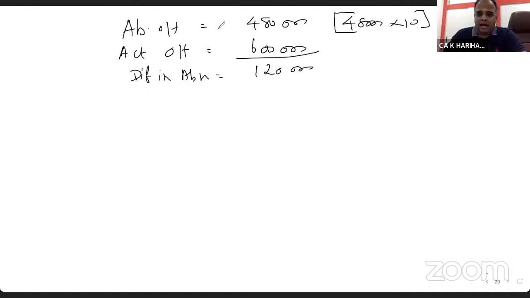Why, sir? Absorption less means under absorption. Absorption more means over absorption. Because 6 lakh is the actual and the absorption is less when compared to actual, 1,20,000 is not over absorption. So the 1,20,000 is called under absorption of overhead.